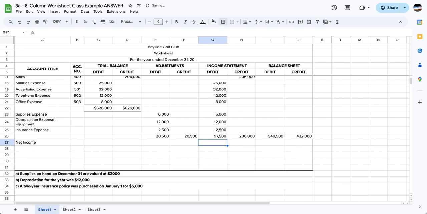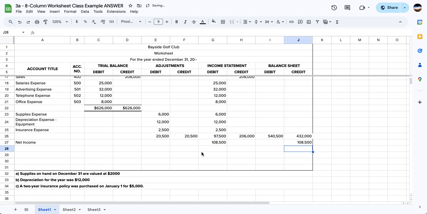So I'll go a little quicker here because we did this with the 6-column worksheet. And if you don't remember, just look at the 6-column worksheet tutorial. But I'm going to say, take my 206, subtract my total expenses. And so I had a net income of $108,500. I'm going to give that to the owner.